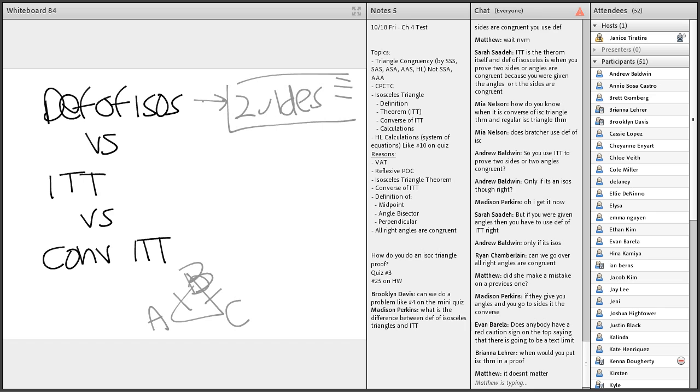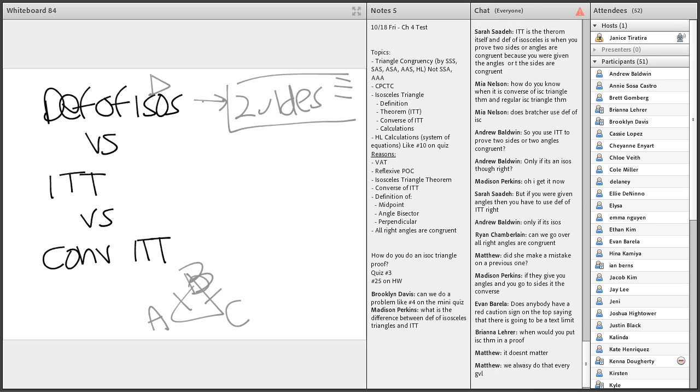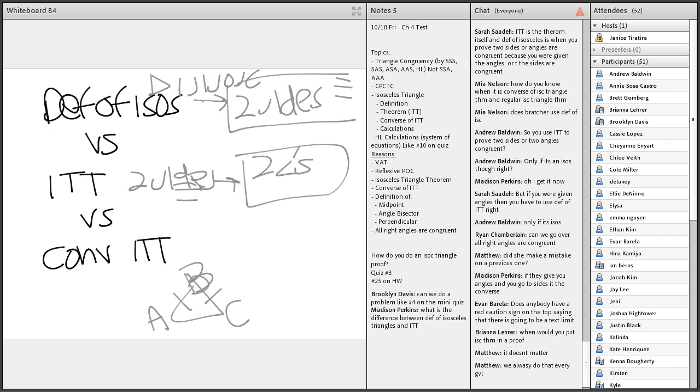That's if you had triangle blank is isosceles. That's what's given. For ITT, you would have to say two sides are congruent, then two angles are congruent, and lastly, converse, you're given two angles are congruent, then you can conclude two sides.